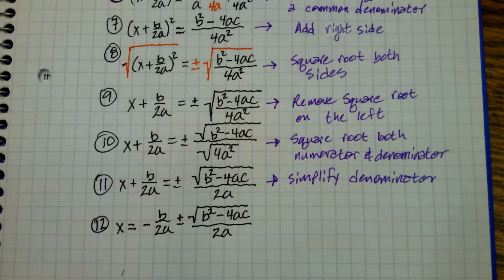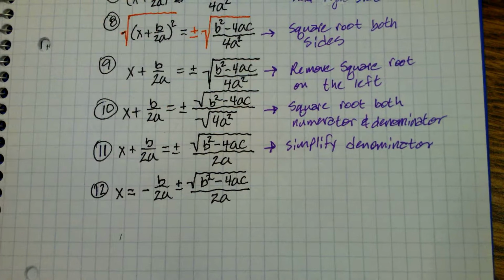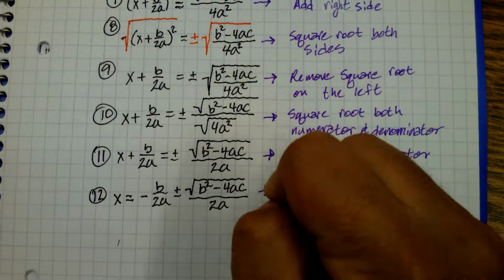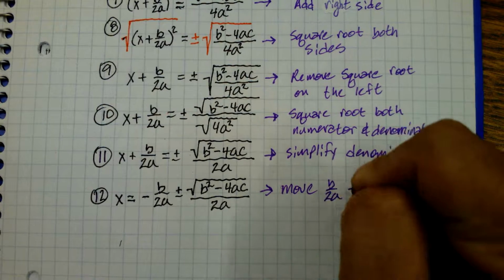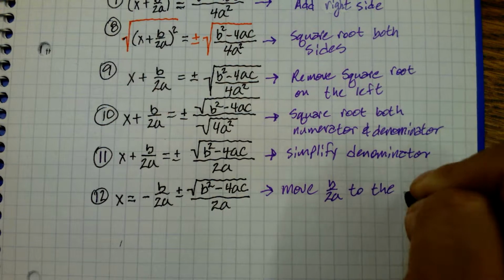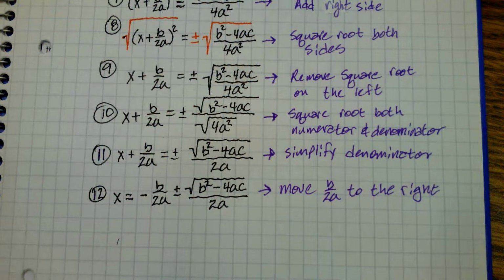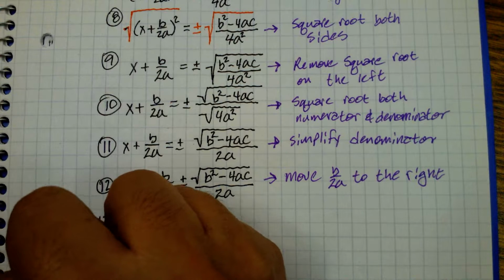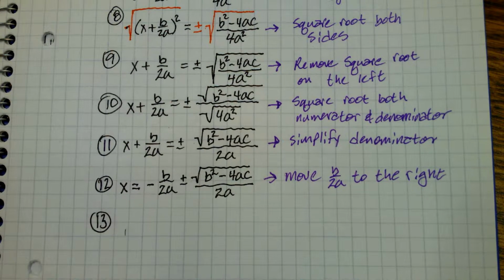Look at what the formula looks like and look what I have. Yeah. So let's write down, we just moved b over 2a to the right. Okay. And what do you think the last thing we can do to make this look like that?